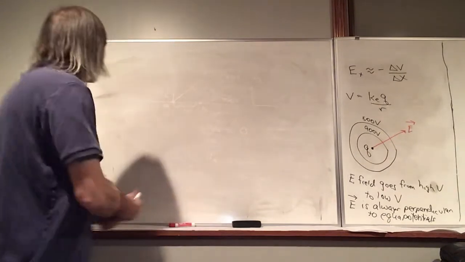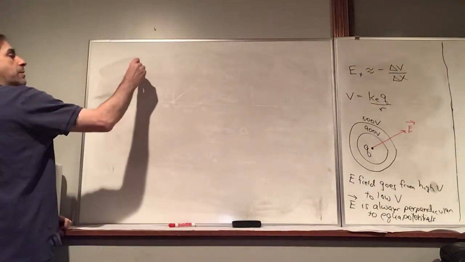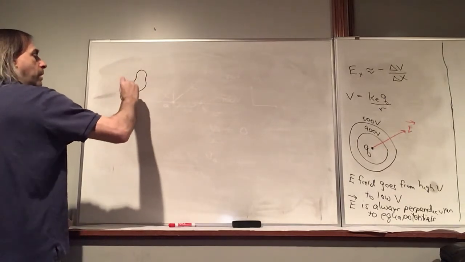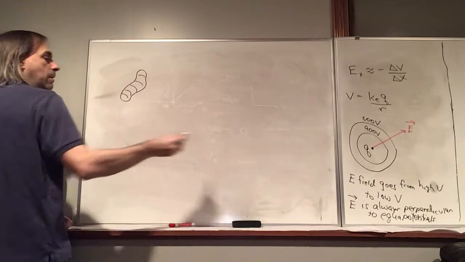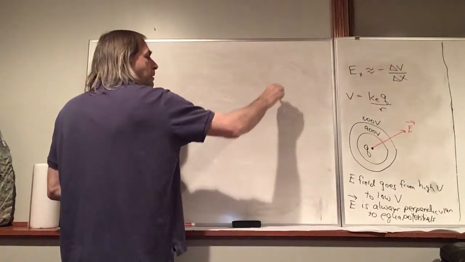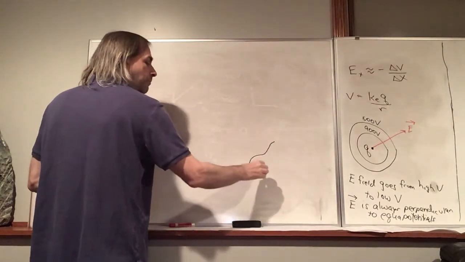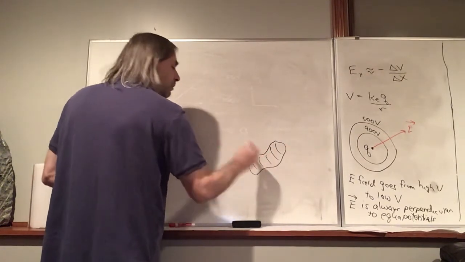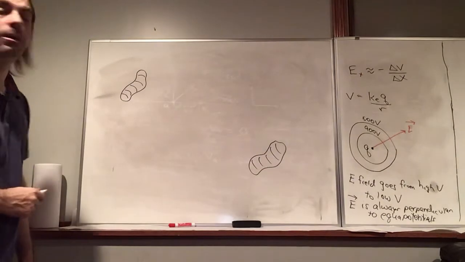So let's say we have two conductors here. I'm going to kind of fill these in. Say we have one conductor that looks like this, and another conductor that looks like this, and these are charged conductors.